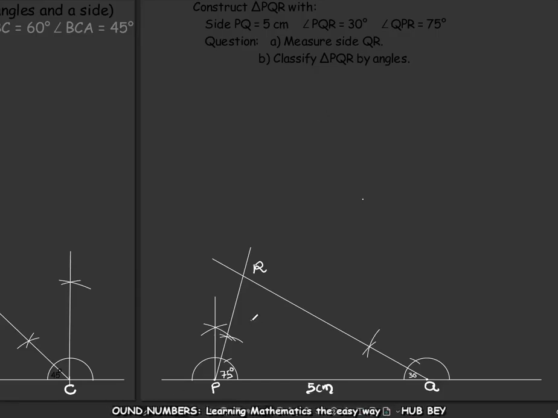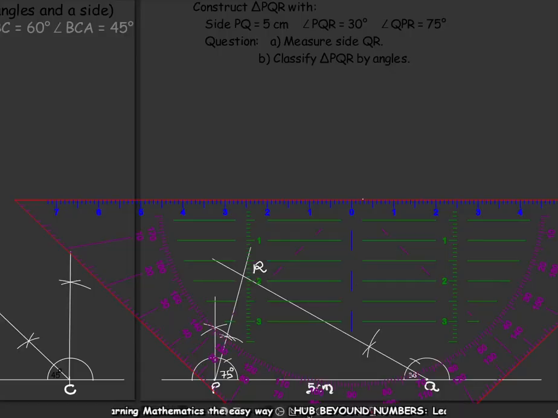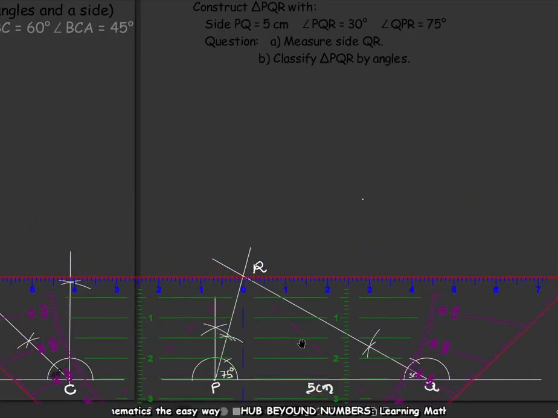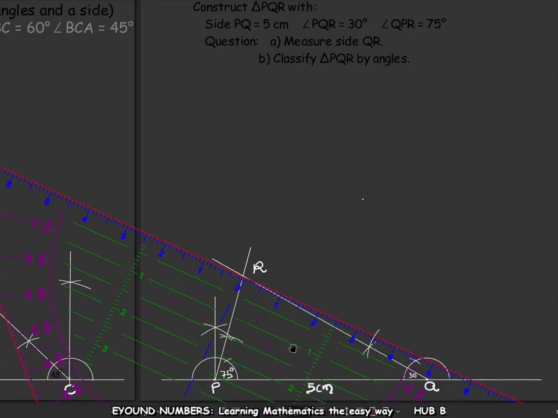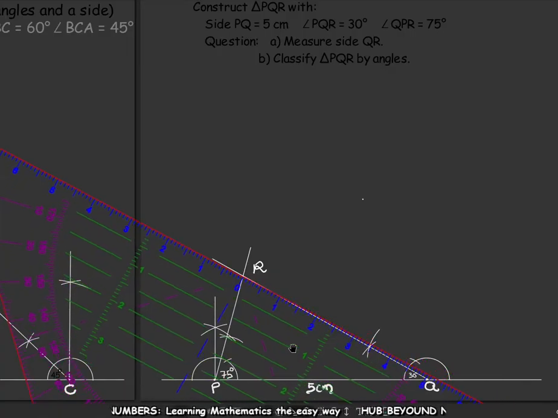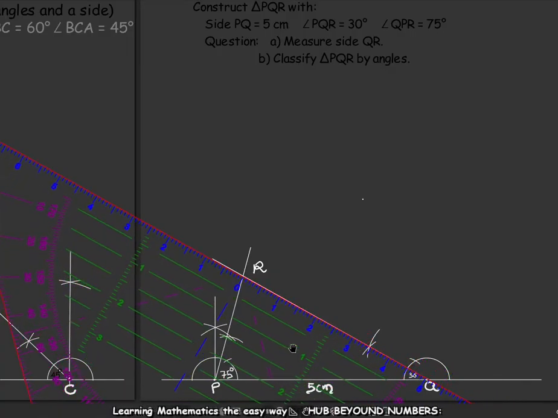So we take our ruler, and then with my 0 at Q, we can then do our measurement at R. And I think that is going to be my 5.1. Then my measurement, I'm getting 5.1. So you can also measure yours, and then let me know in the comment section. 5.1 cm. That is all.